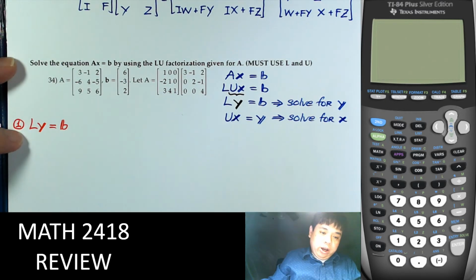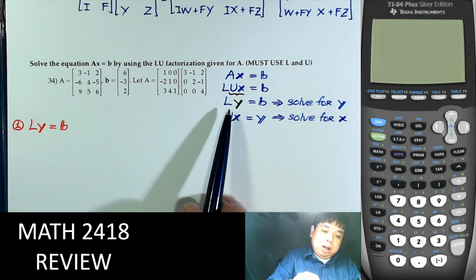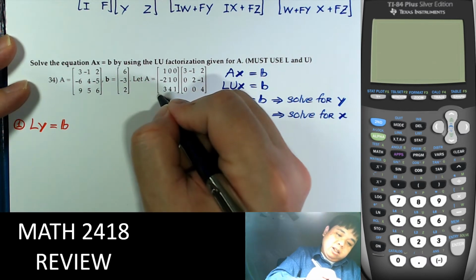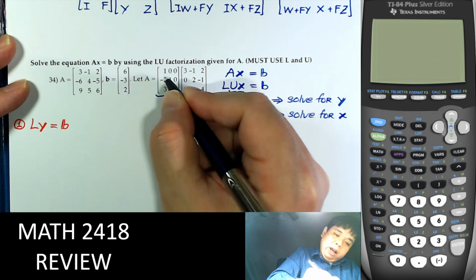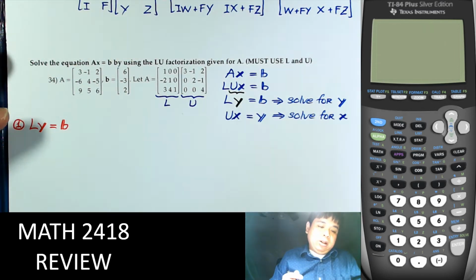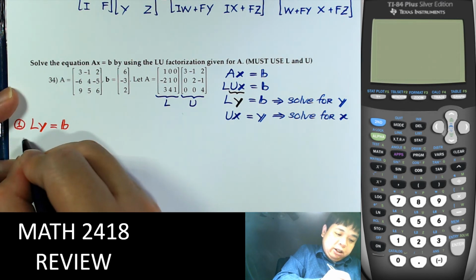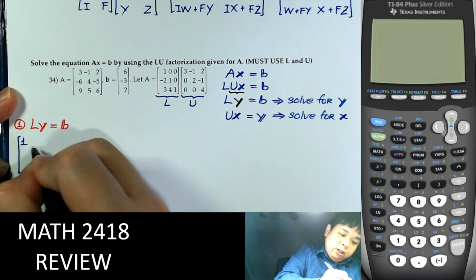is that. So LY, we're going to do this one by hand. We don't need a calculator. So L is this and U is that. Of course, lower and upper triangular. L is going to be 1, 0, 0.